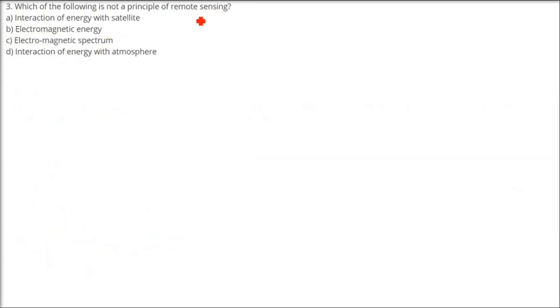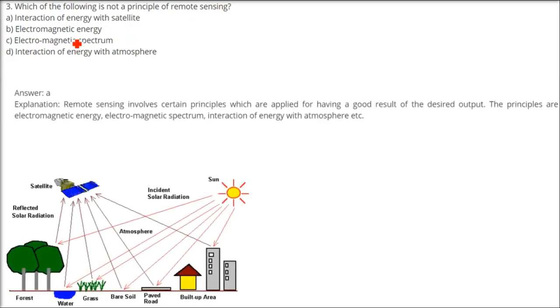Which of the following is not a principle of remote sensing? The answer is interaction of energy with satellite. Electromagnetic energy is definitely a principle.